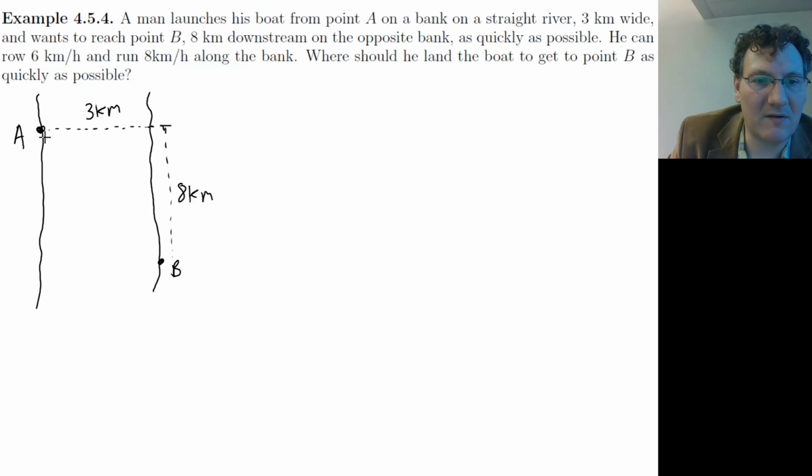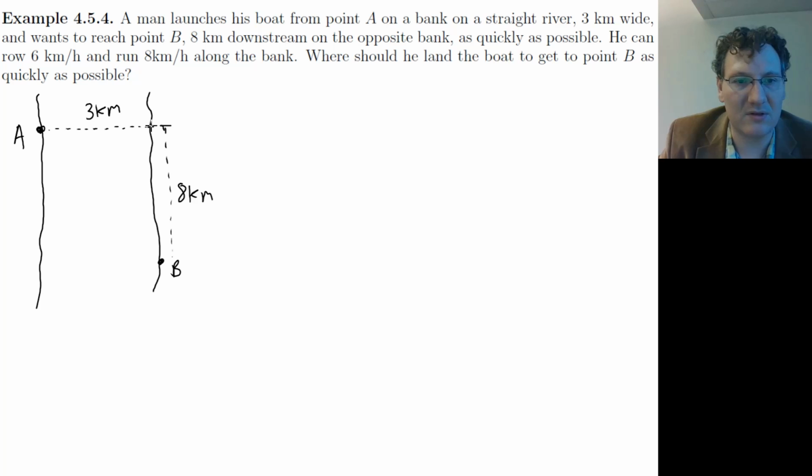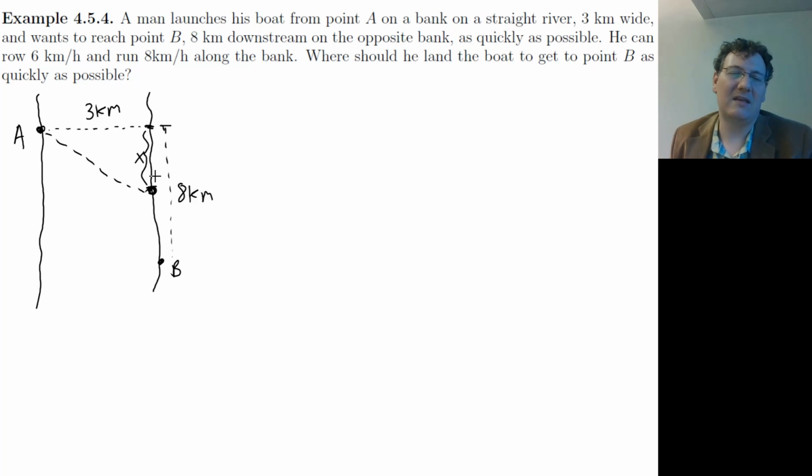So the point of this is he can row straight across to this point here, or he can row to some point. Let's say he can row like x units. If he rows x units down, then he can run the rest of the way.